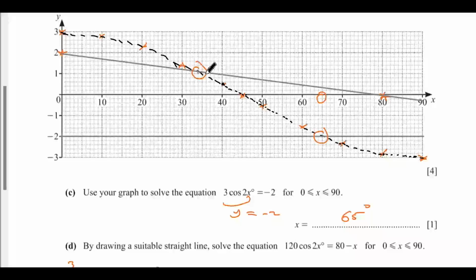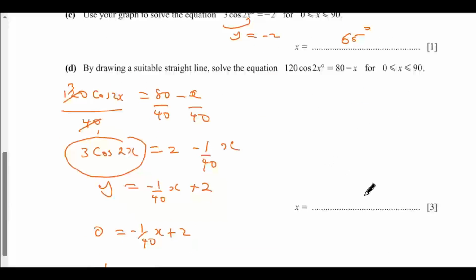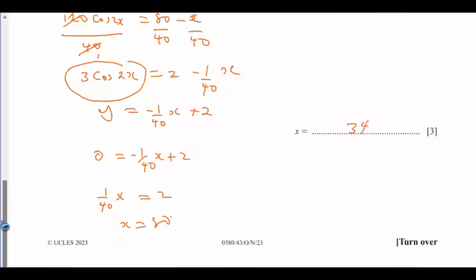I think this is the line here. So this one will be 1, 2, 3, 4. So that will be 34. Let's scroll down and write the answer here. So x equals 34. Let's go to the next question.